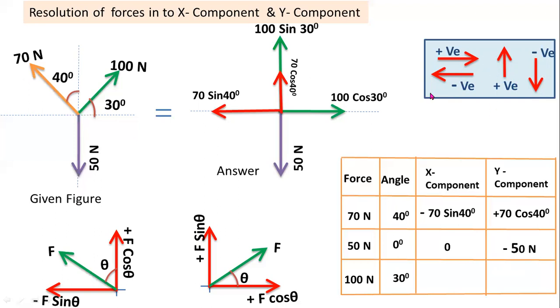Now 100 cos 30 and 100 sin 30 are the forces for the 100 newtons force. This is the horizontal force, and this is the vertical force. So 100 cos 30 is the x component, and 100 sin 30 is the y component. Here the positive sign indicates the horizontal right side direction and the upward direction.